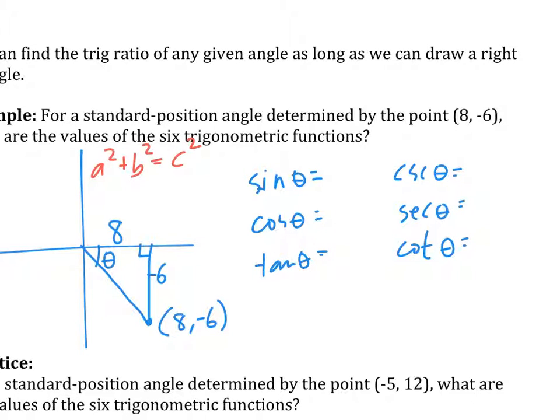Or do you have this memorized? It's a very special right triangle. 10. It's the 3, 4, 5 triangle, but doubled. 3, 4, 5 is a special right triangle. You have to just memorize that. Okay, opposite over hypotenuse, and then you just go ahead and find all the other ratios.